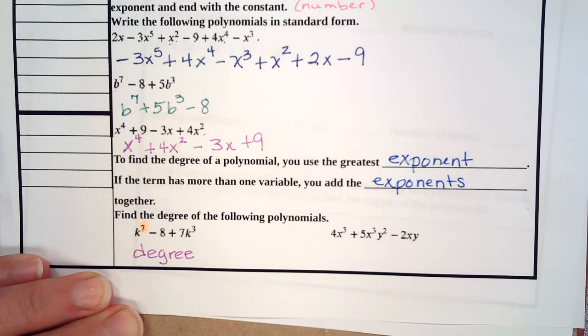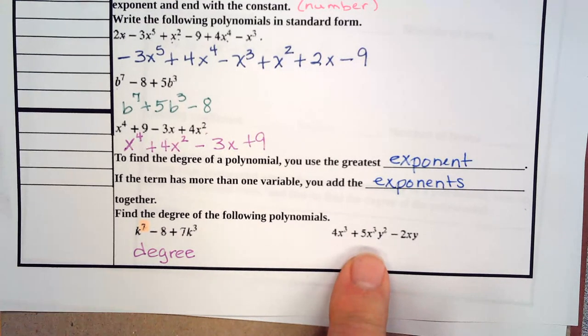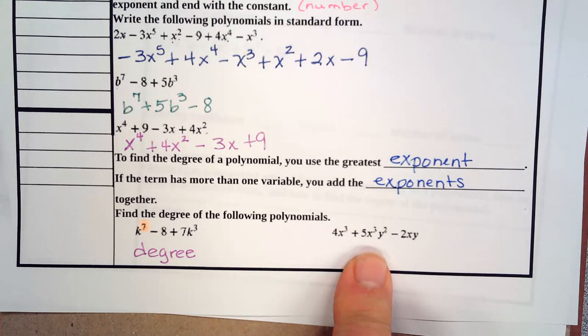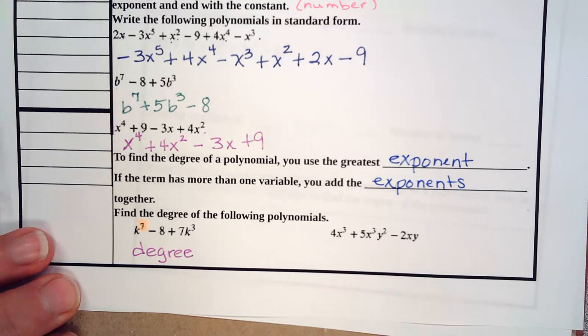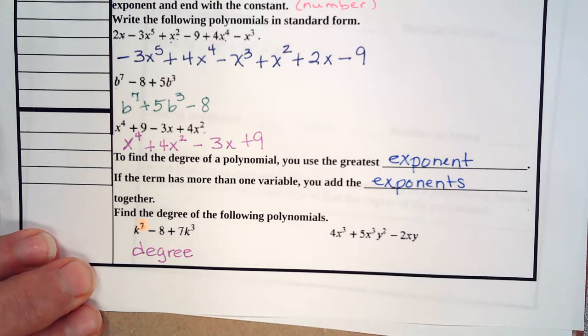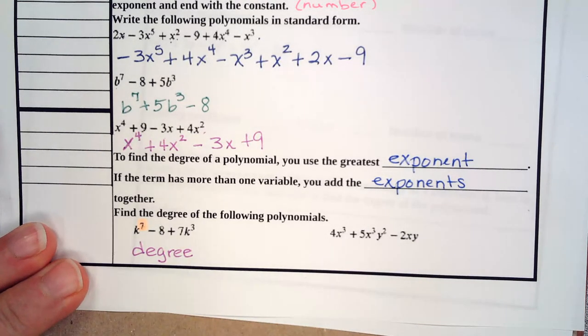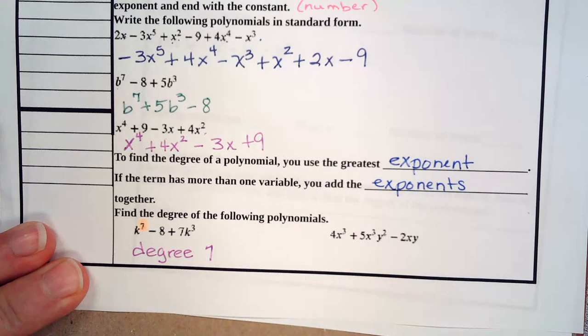Okay, I'm going to have you stop and think about what's going to happen here. What happens if we have more than one variable in the term? Well, you add them together. I forgot to put the 7 over here by my degree. I just noticed that.